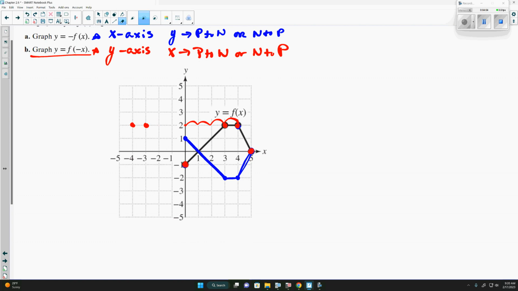And our last one is here. Well, we're a distance of 1, 2, 3, 4, 5. So we're going to go a distance of 1, 2, 3, 4, 5. And that's it. It's reflecting it across the y-axis. And so we can see that it is a mirror image from one side to the other. And that's all we have to do for these here.